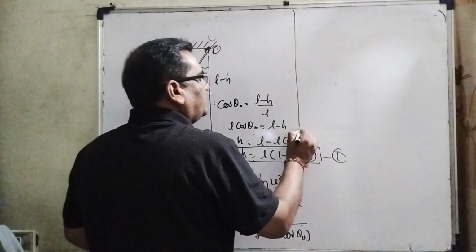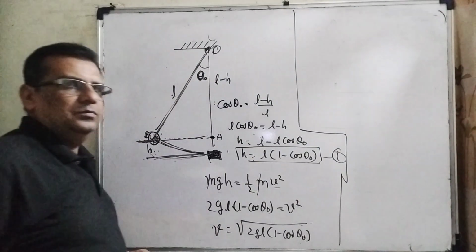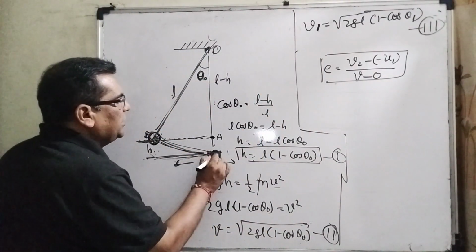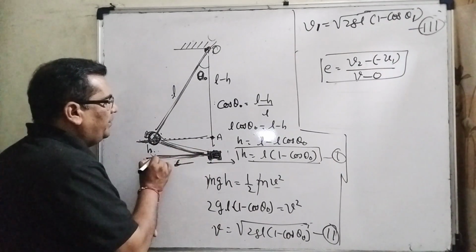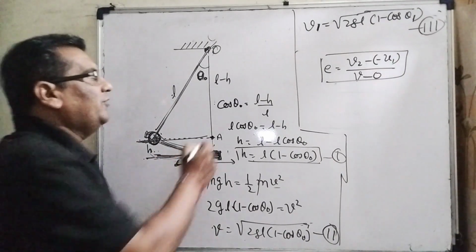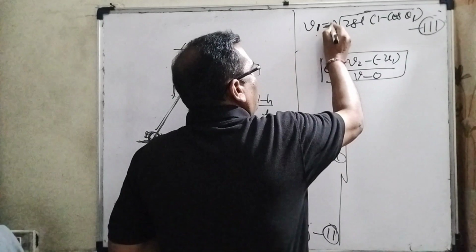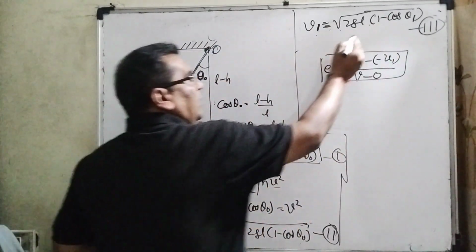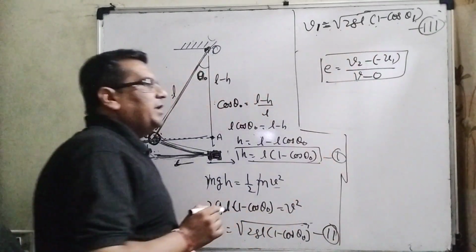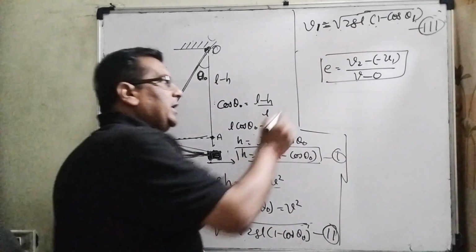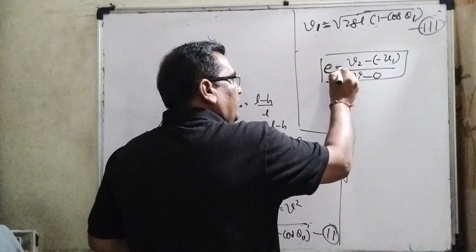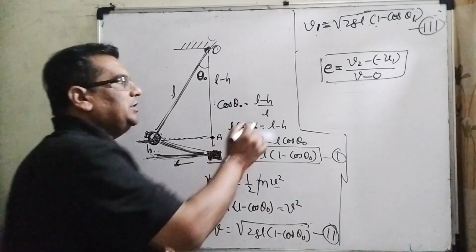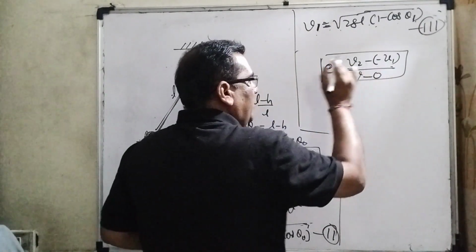Now after striking the block, the bob bounces back, and its velocity becomes v1. We use the same formula, 2gL, only the angle is changed, so 1 minus cos theta 1. From the definition of restitution, you know that e equals the velocity after the collision upon the velocity before the collision.